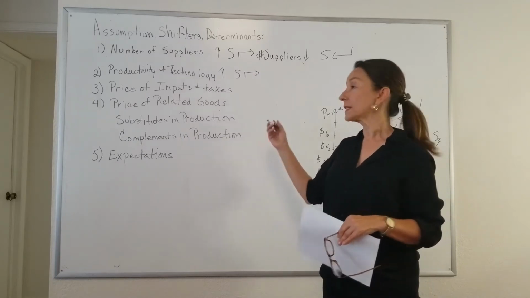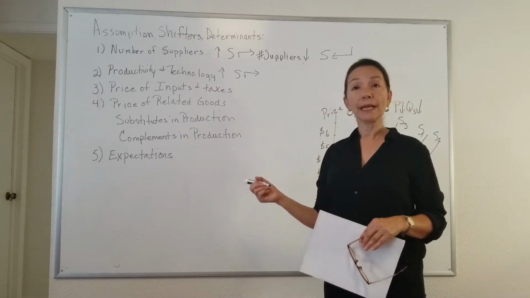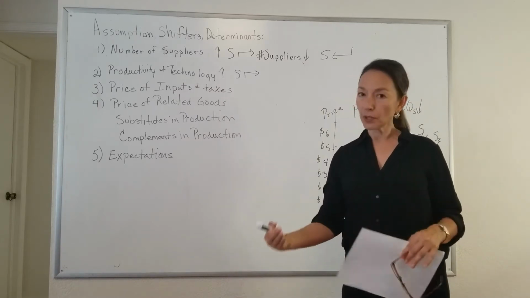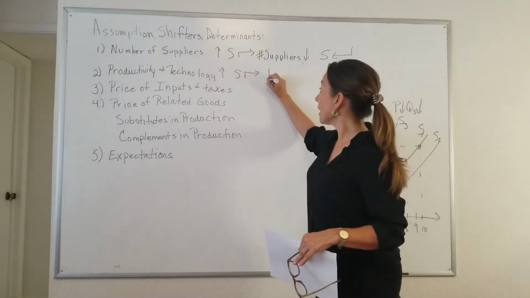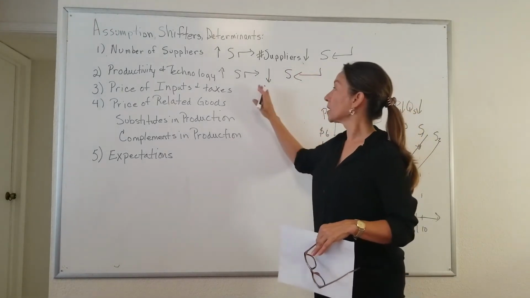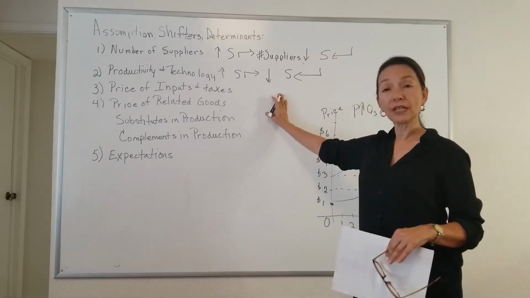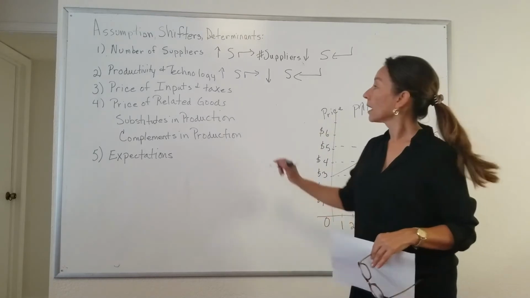And of course, let's say a major piece of machinery breaks down, there's a technology glitch and the computers are down within a business and productivity drops, the supply of a product will shift to the left. So these are two things that will definitely impact the position of the supply curve.